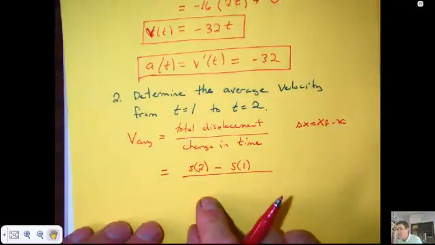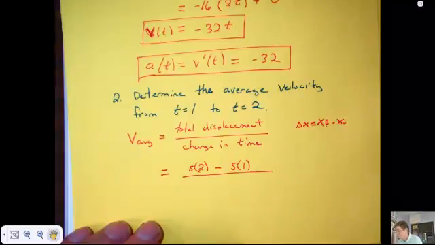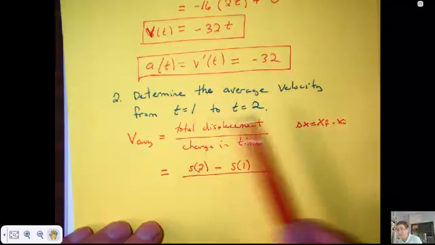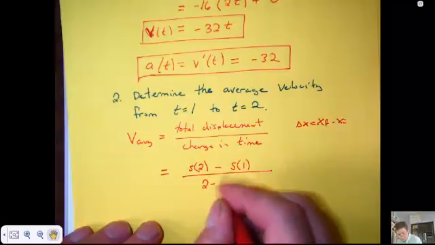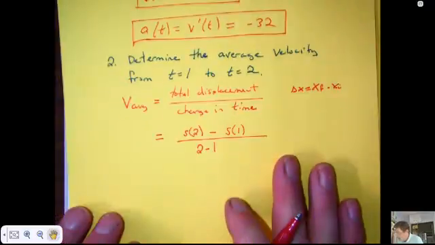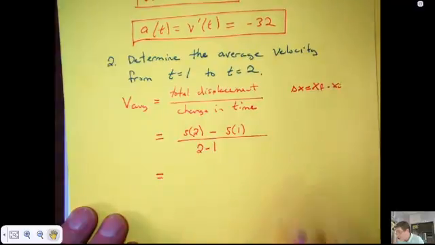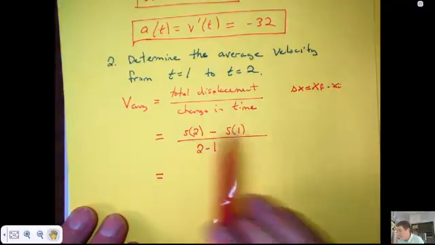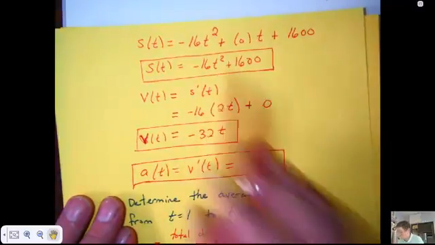What's my change in time going to be? My time went from 1 to 2, right? So that's just going to be 2 minus 1. So, now it's time to do the calculation. S of 2, well again I know that this is my function for position.